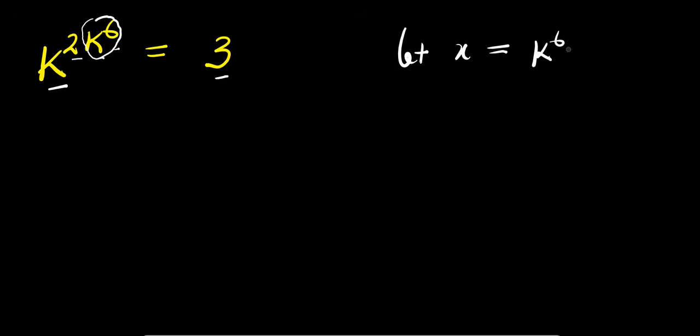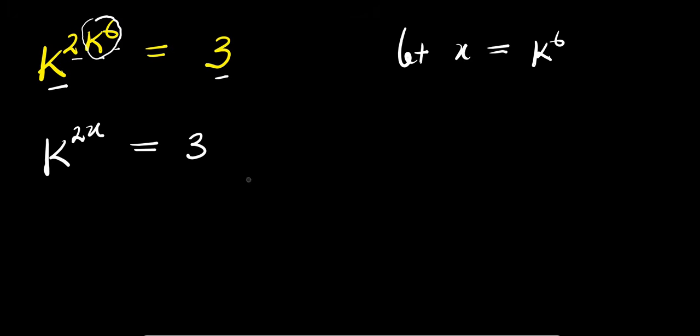By doing that, I will simply have k to the power of 2 times x, and this equals 3, because x is k to the power of 6.